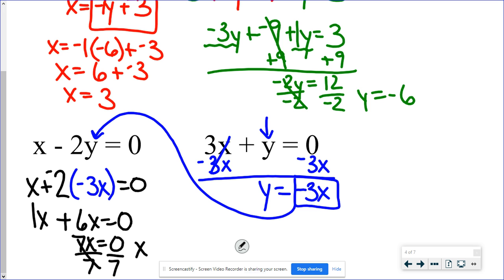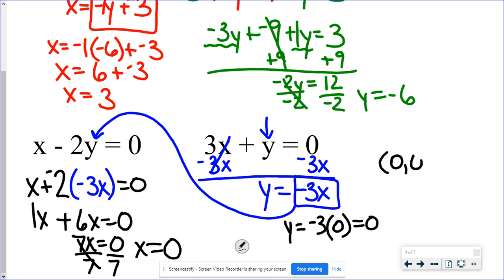X is 0. Once I know that, I want to go to where it says y equals. This one's a really nice problem because it's going to say y equals negative 3 times, x was 0. So x was 0 and y was 0. So this ordered pair is just going to be 0, 0.